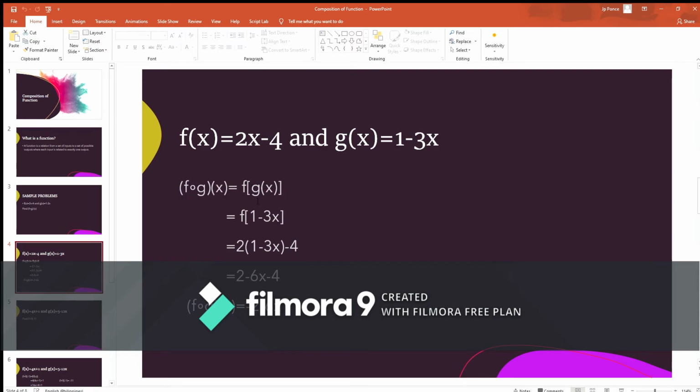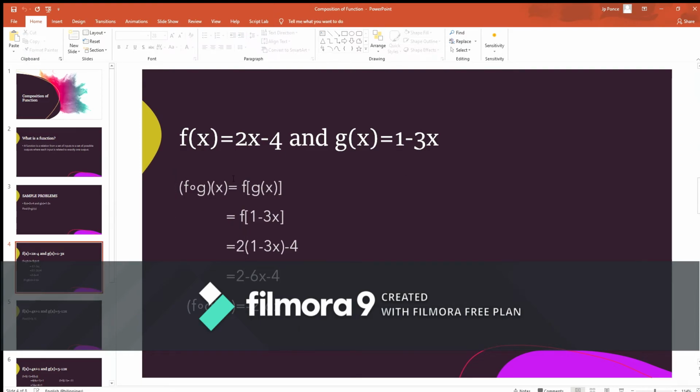Now, just substitute the values. Substitute g of x into here, so that'll become 1 minus 3x, and you substitute f over here. When we substitute the value of f here, as you can see, we only use 2.